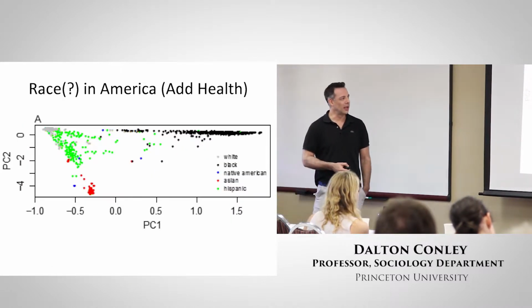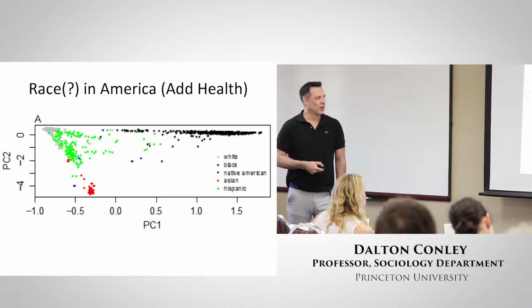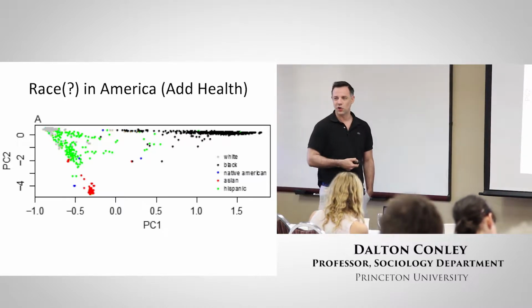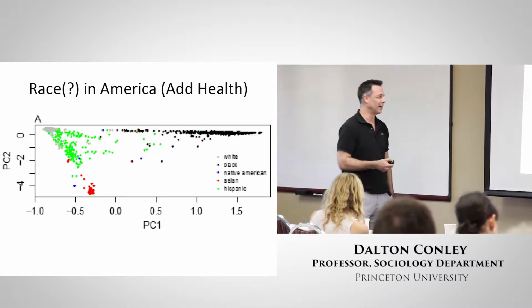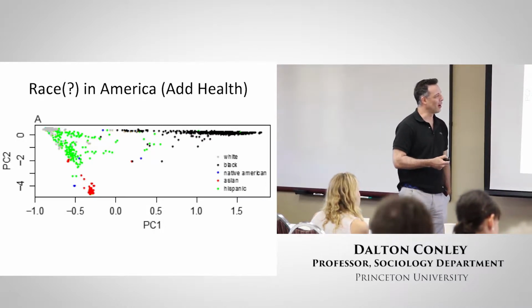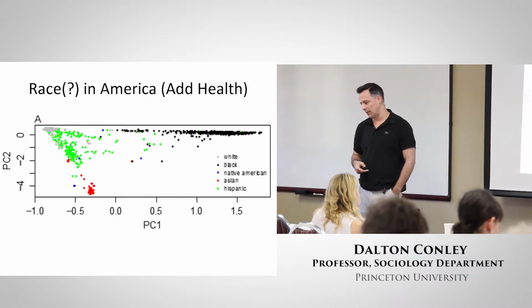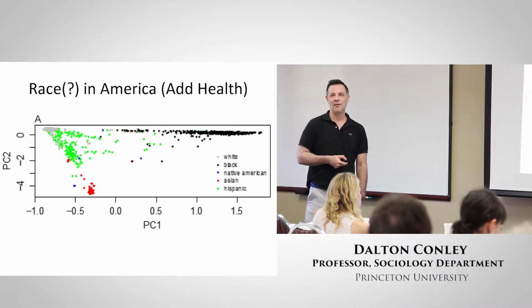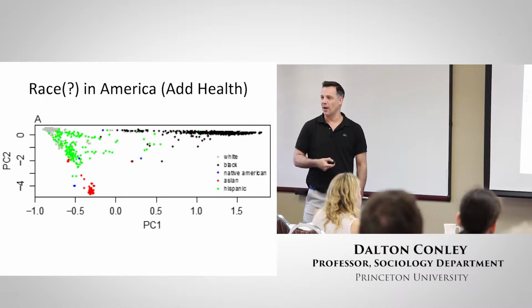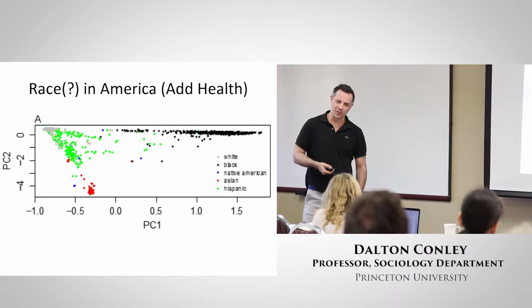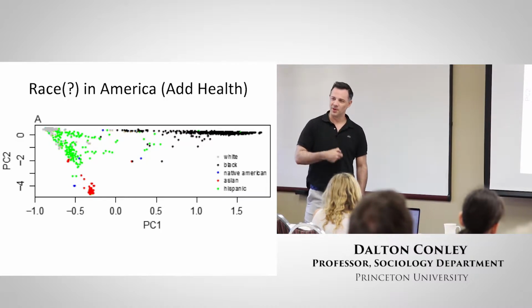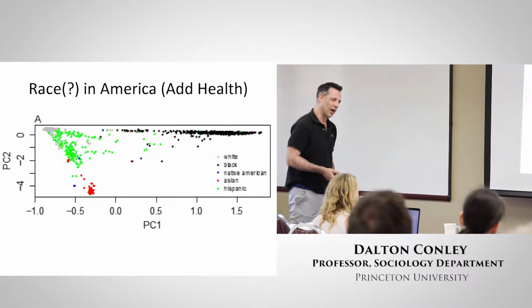Looking at America, this is from AdHealth. You guys could reproduce this chart if you want later on this week. You can see, again, challenging the idea of the one drop rule, there are people with African ancestry, people who self-report as African American, who have more European ancestry than some people that self-report as white and so forth.